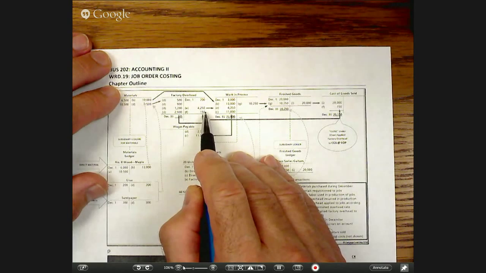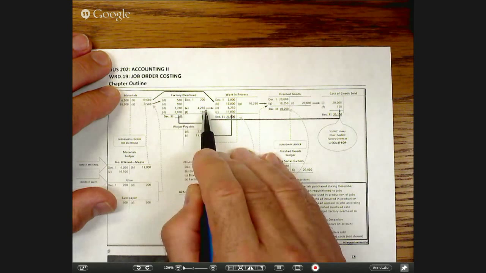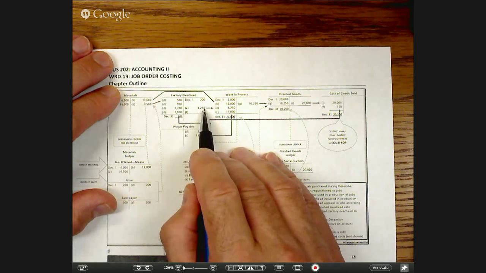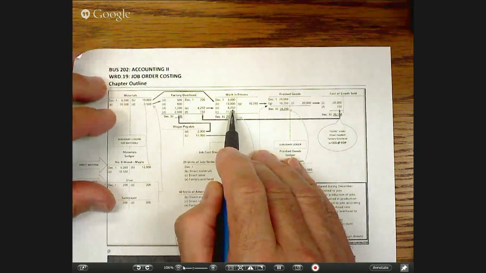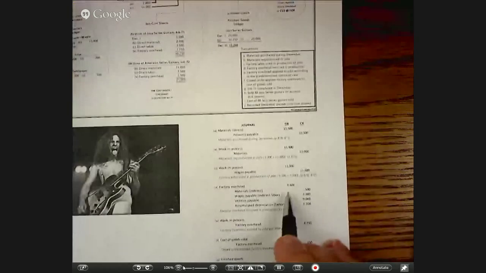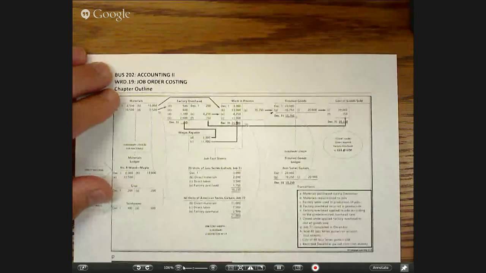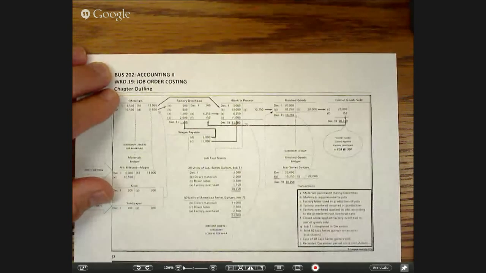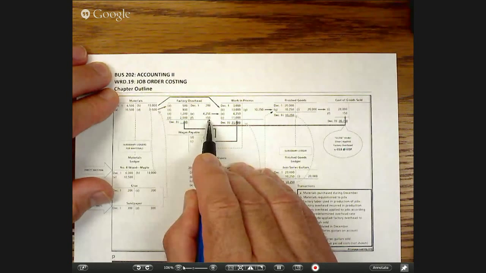Because the business must account for all the manufacturing costs during the period, this factory overhead account must show a zero balance. In this case, because we did not apply enough factory overhead to work in process during the period, we only applied $4,250 when in fact the business incurred $4,600, we must make an adjusting entry at the end of the period, making this account zero by crediting or reducing this account by $150.